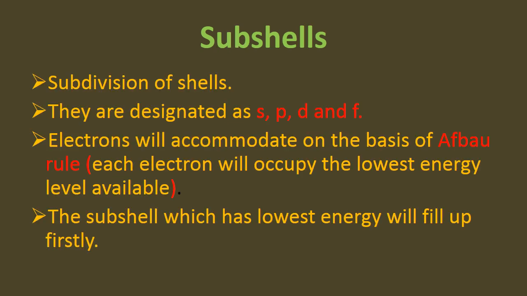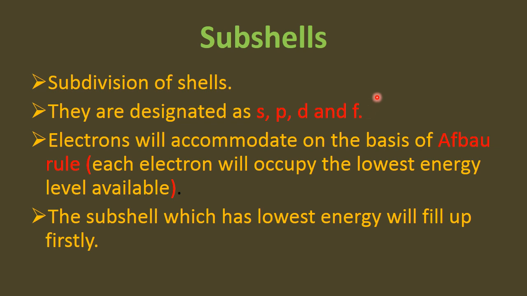We have discussed shells, and the subdivisions of shells are subshells. They are designated as s, p, d and f, where s stands for sharp, p for principal, d for diffuse and f for fundamental. Now, where do these subshells lie?